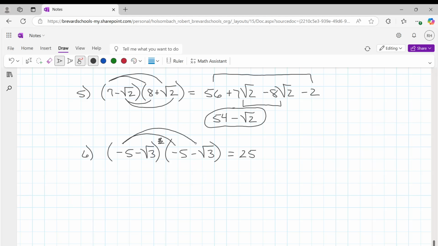Negative 5 times negative radical 3 is positive 5 radical 3. Negative radical 3 times negative 5 is positive 5 radical 3. And a negative radical 3 times a negative radical 3 is a positive 3.